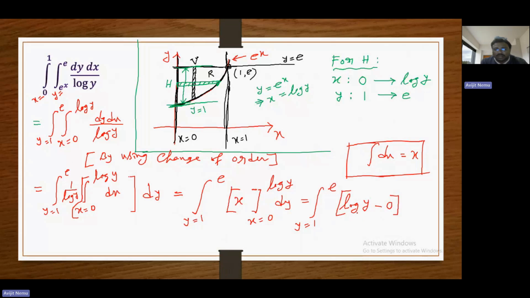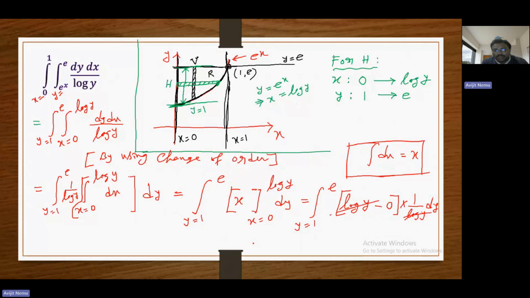So basically, this is only log y, and 1 by log y is the multiplier that we already have. Now the entire integrand becomes a function of y, so then we can integrate with respect to y. And the most important observation is that here log y is cancelled out.